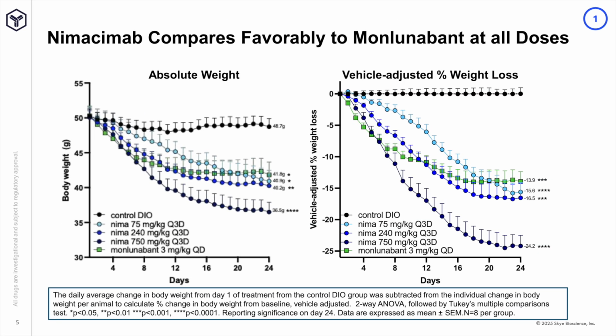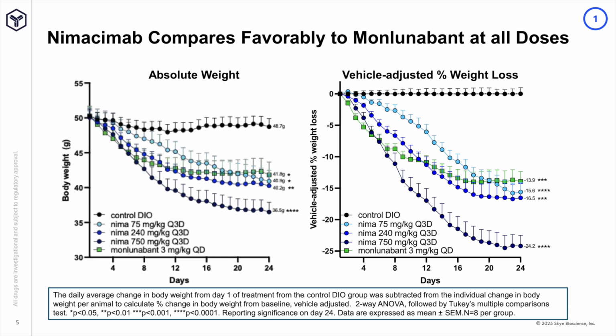So looking at the phase A, that is the efficacy treatment of these therapeutics, I would draw your attention to the 3 nimacimab curves. That's the 75, the 240, and the 750 mg per kg every 3-day dose. You can see a clear dose-dependent response, particularly notable over the first 15 to 20 days.